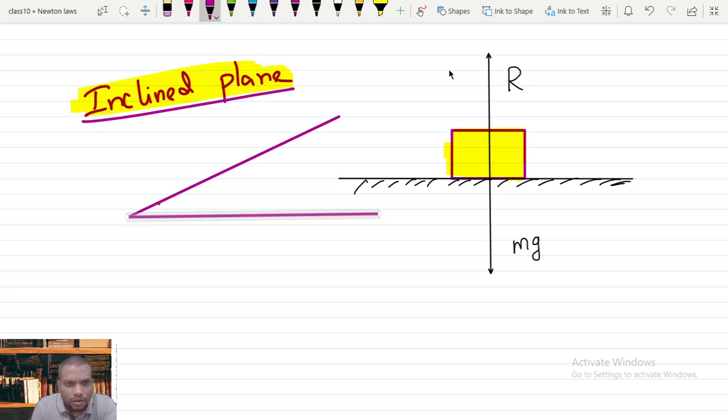Now here we get an angle theta. This plane is making an angle theta with the horizontal. This plane we call an inclined plane.